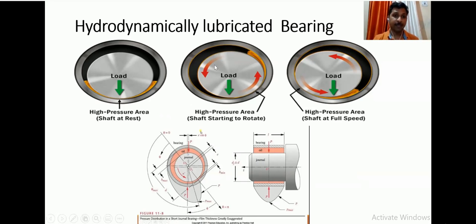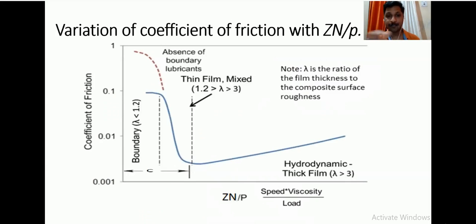At rest, there is metal to metal contact. The oil film will develop only when the journal starts rotating. That means speed also plays an important role in the development of the oil film, which will carry the radial load in a journal bearing.